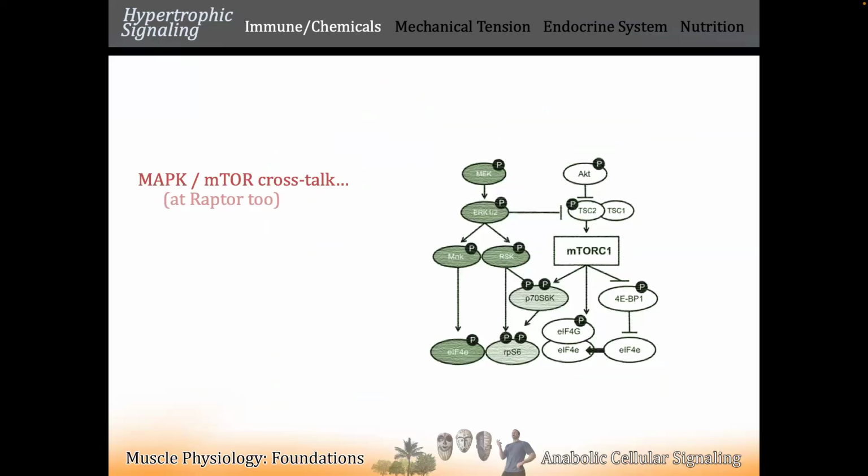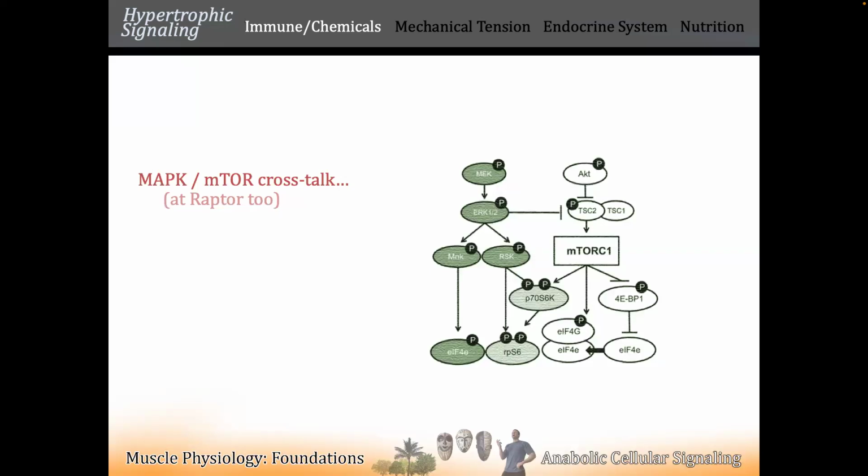Again, this is just another phosphorylation cascade, different from the PI3K, PKB, mTOR cascade. But again, it runs parallel and it interacts. When you get to RSK, P90 ribosomal S6 kinase, you have some downstream convergence between the two cascades, but you also have intermediate interaction between them.